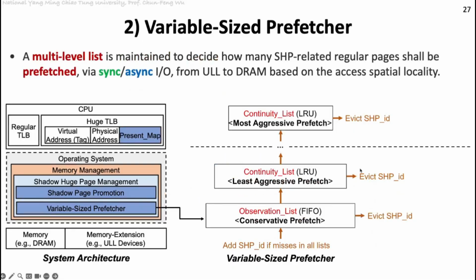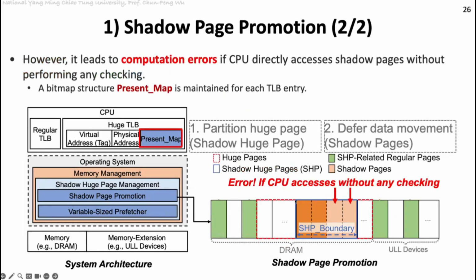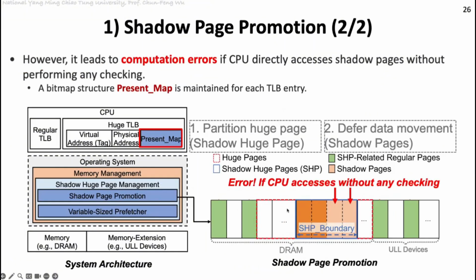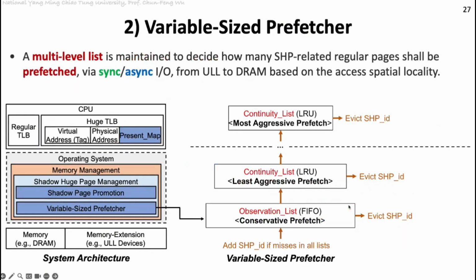Okay, so actually the key idea is that we maintain several lists for how to do the prefetching. For example, if this area is accessed one time, then it will be moved into this pyramid. And if this area is accessed twice, for example the second access is here, then we will promote this shadow huge patch to the higher level.